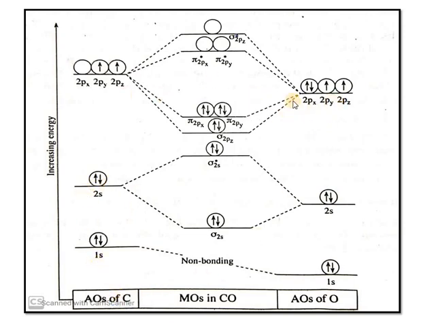Similarly, the 2p orbitals of oxygen will also have lower energy than the 2p orbitals of carbon. Now, fill the electrons according to Hund's maximum multiplicity.